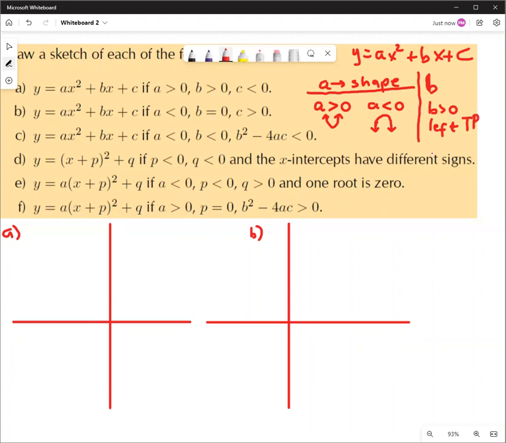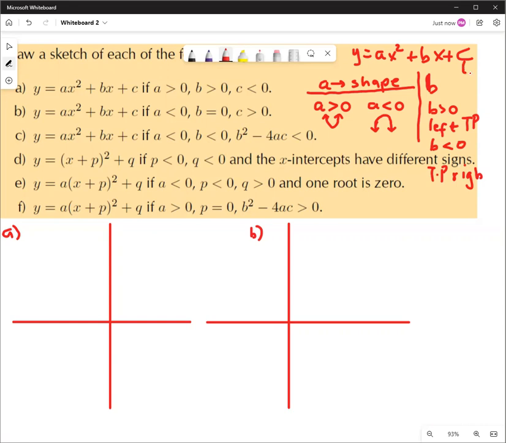If b is negative, then our TP will be on the right. Don't forget, bx is opposite. If it's positive, we're turning on the left. If it's negative, we're turning on the right.